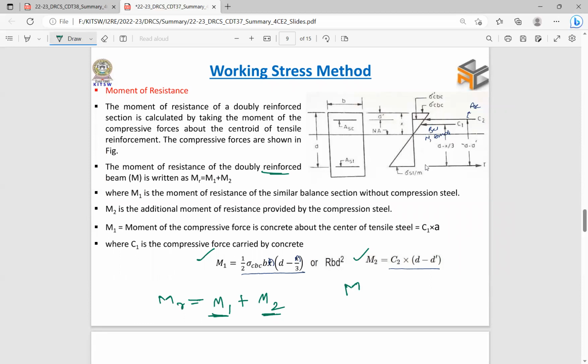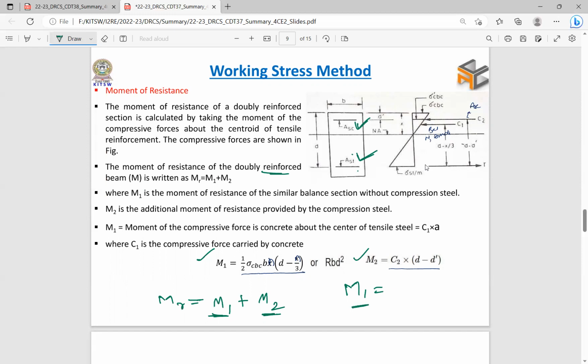So for M1, the compressive area will be there and the tensile area will be there. The moment of resistance due to compressive force will be one aspect, and the moment due to the tensile area another. So both moments we need to consider.